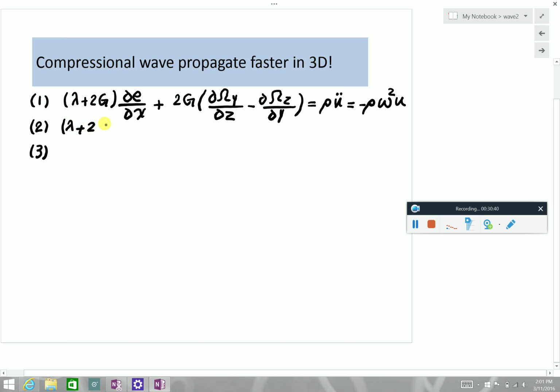So let's do this very quickly. So remember that E here is volumetric strain.